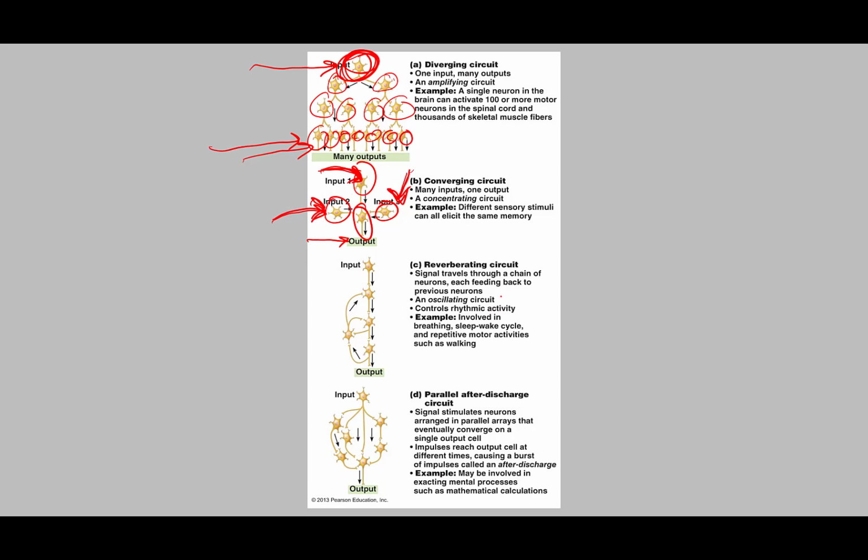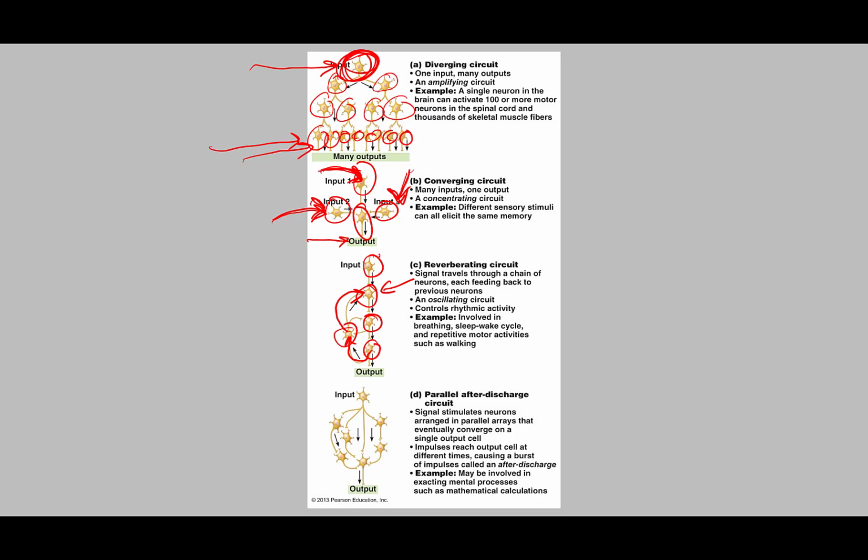Next, we have a reverberating circuit. In a reverberating circuit, one neuron sends a signal to a second neuron, who sends a signal to a third neuron, who sends a signal on and on and on, but then it feeds back to a neuron going the other direction, who sends a signal to a neuron somewhere along the pathway.